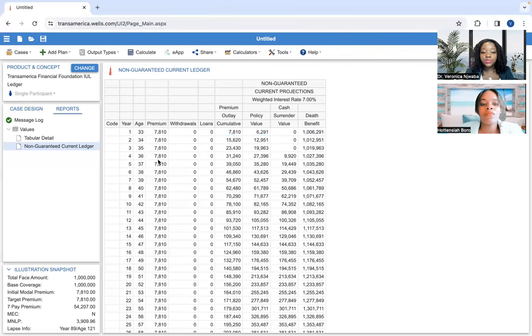So they contributed this amount of money for less than 5 years. That means they've contributed a total of $39,000. Do you see that? But how much is in their savings? 35,280. And how much can they take out? 19,449. $19,000. Awesome. Now, do you have a calculator with you, like on your phone?